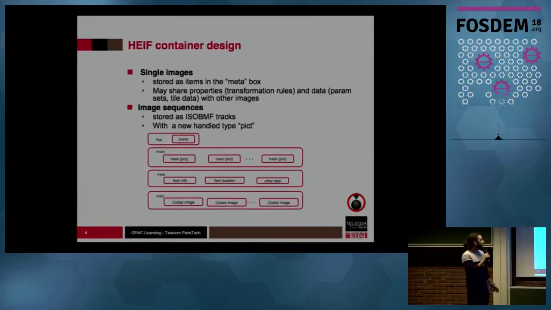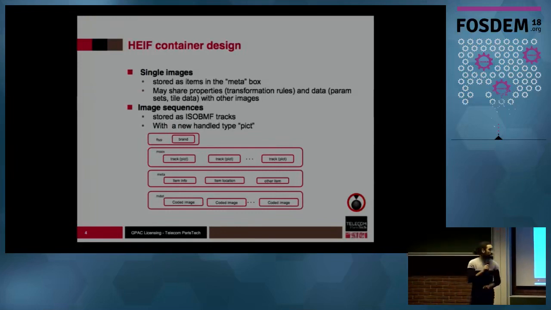The design of the HEIF container is based on the ISO BMFF construct, which is supported in GPAC. For a single image, you can store it as an item in the meta box, and you can also share properties like transformation rules and data, like parameter sets and tile data, with other images.